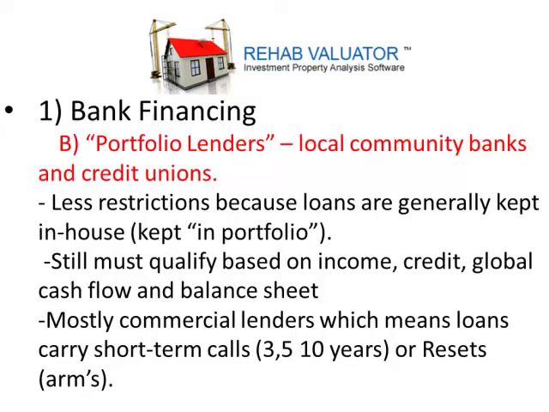So the typical loan you will get from these guys will carry a short-term call, 3, 5, 10 years, or it will be an ARM. Most of my loans from these local banks are 5-year ARMs. I'm looking at probably $3 or $4 million worth of loans resetting starting in 3 years. And so there is definitely a downside in dealing with commercial lenders.